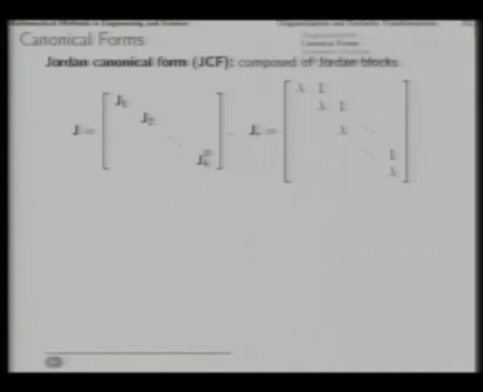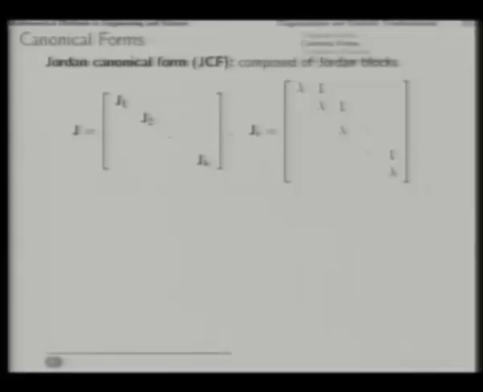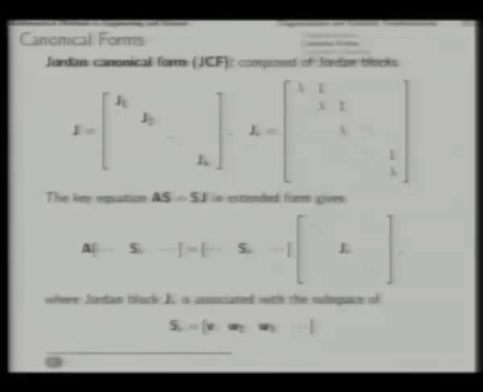The associated similarity transformation matrix S will have bunches of columns. If J1 is 3 by 3, then the first bunch of 3 columns in S will be called S1. Similarly, if J2 is 5 by 5, then the corresponding bunch of vectors will be denoted S2, which will have 5 columns, and so on.